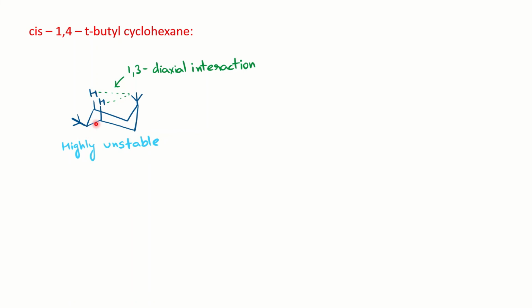If they ask you to draw the cis 1,4 ditertiary cyclohexane, cis means the two are on the same side. In this, one is going to be axial and has the 1,3 diaxial interaction that makes this chair form highly unstable.